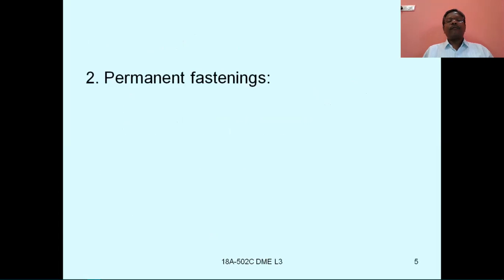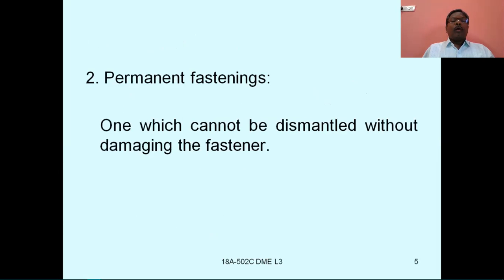Now permanent fastenings. A permanent fastener is one which cannot be dismantled without damaging the fastener.